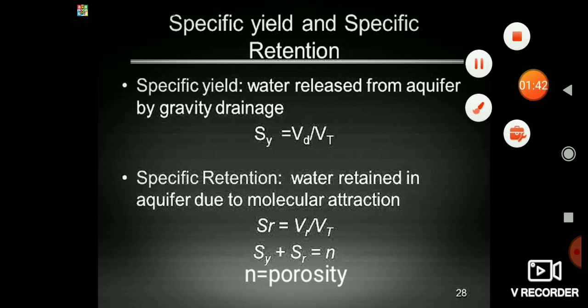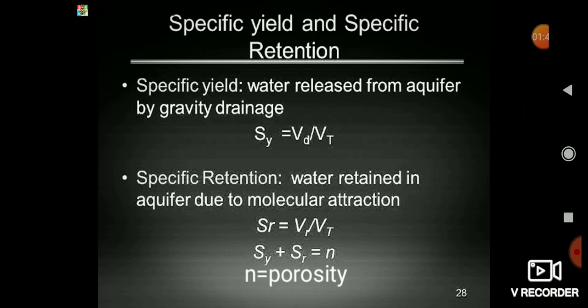Friends, you read here that VD waters are present. Suppose a ground, I will say a catchment area of 5 hectare, and the depth of soil present in that catchment area is 5 centimeter. It contains some moisture.